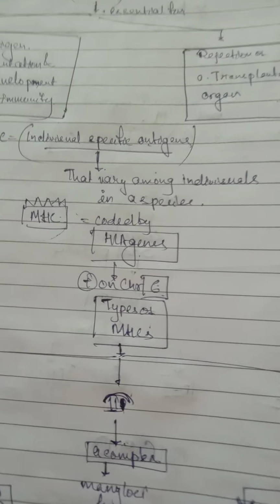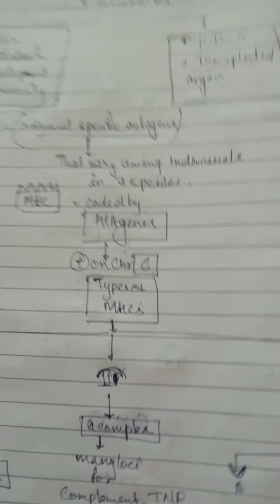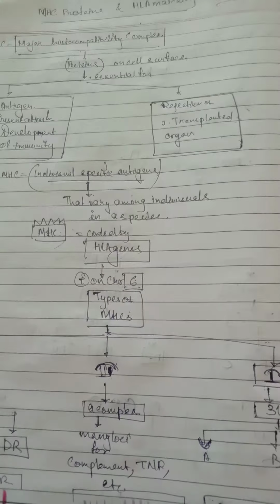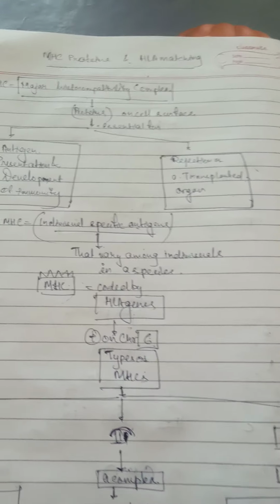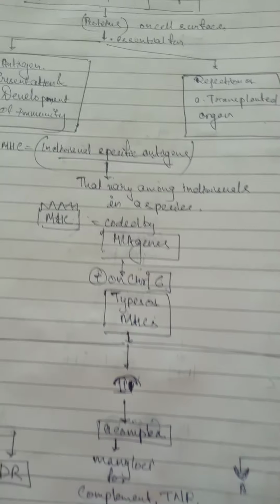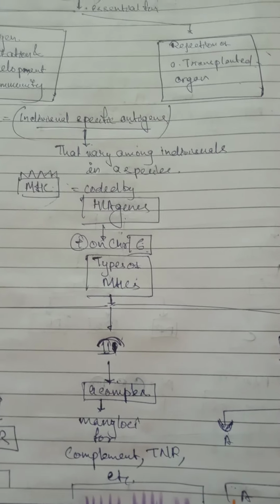So MHC molecules are required for two roles: they recognize foreign antigens in the form of pathogens and mount an immune response against them, and they also recognize a foreign antigen in the form of a graft or a transplant inside the human body.